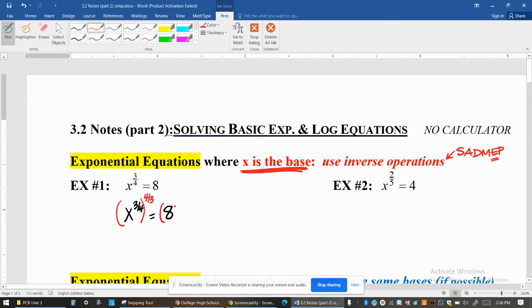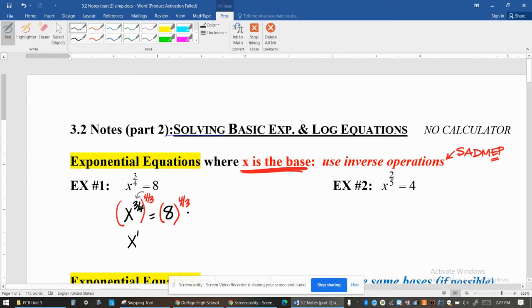And obviously it's an equation, so you want to make sure you keep the balance and do the same thing to the other side. The 3/4 and 4/3, because of properties of exponents, need to be multiplied. And 3/4 times 4/3 is 1. So you're essentially canceling the 3/4 and being left with just x. Remember, that's always the goal when solving equations. You want to find the value of x.